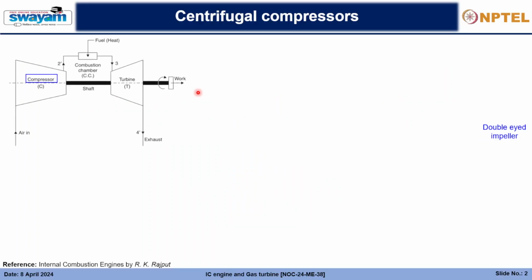Centrifugal compressors, as we have learned till now, are very essential components of the gas turbine, and also of other equipment, wherein these compressors compress the incoming air, and that compressed air goes inside the combustion chamber, wherein the fuel will be added and the combustion will happen.